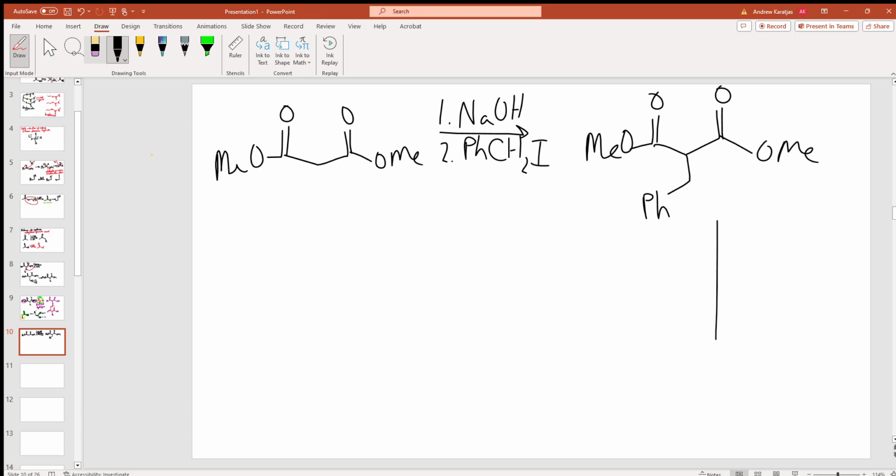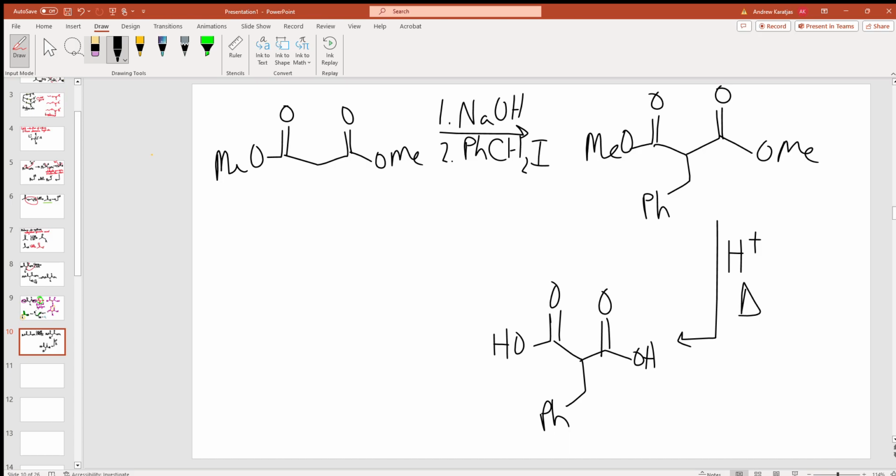Again, now we're going to heat it up with acid. We will initially get our diacid, which then rearranges to essentially lose one of the carbonyls, and we reveal our acetic acid.